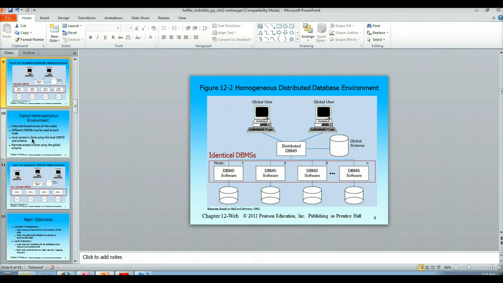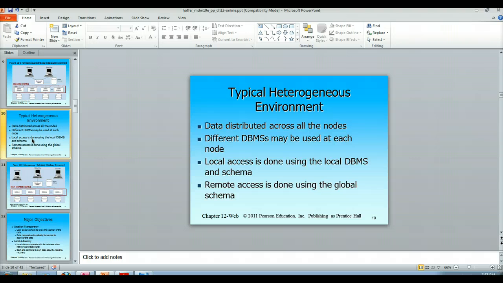So as far as the global users are concerned, they don't care where they are. When they log into the distributed database management system, it appears to them that they are looking at the centralized global schema.